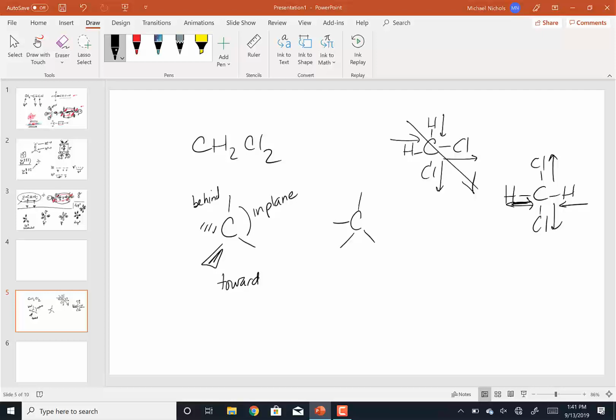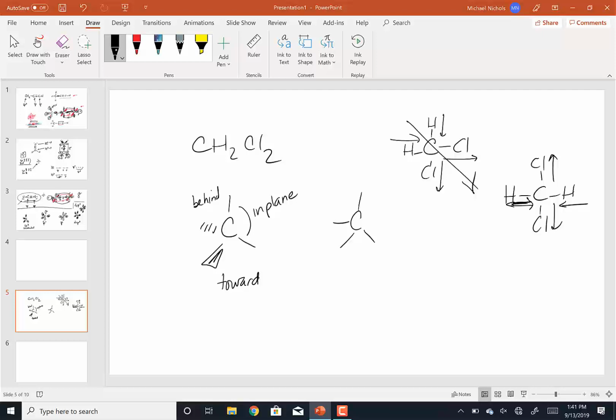A gummy drop would work. Stick them in at about 109.5 degree angles. If you need a tetrahedron, I think I have some upstairs. I don't think I got them all back last year, but I do have some. If you want to stop by, I'll have to dig them out. If I find these things at Half Price Books for $10, I usually just buy them, because I know I'm going to end up using them. So anyway, that's how we get the tetrahedron.